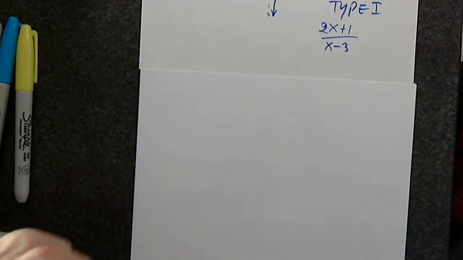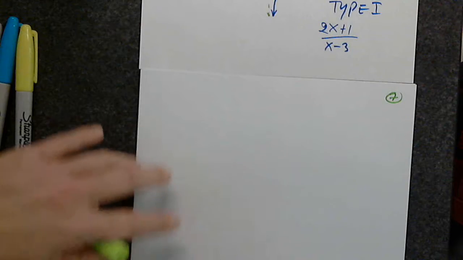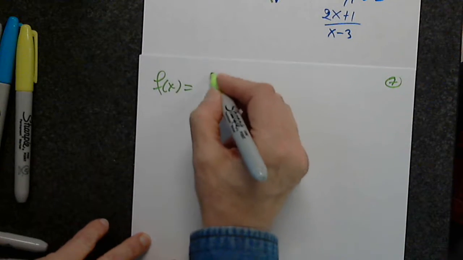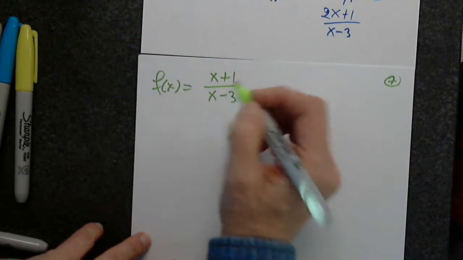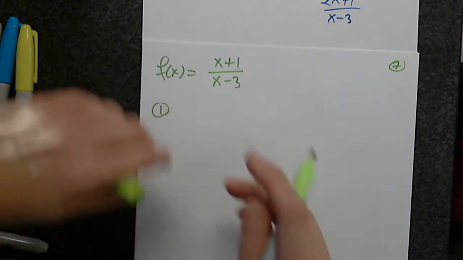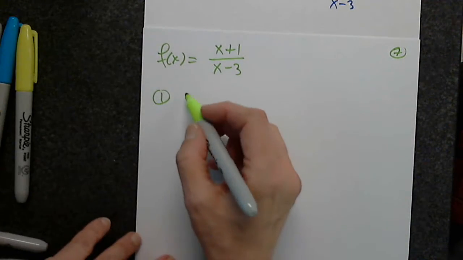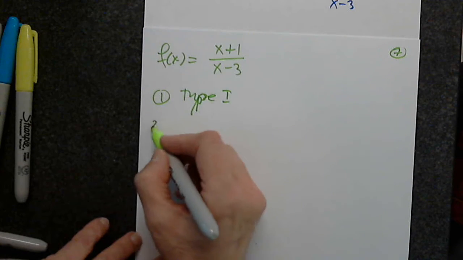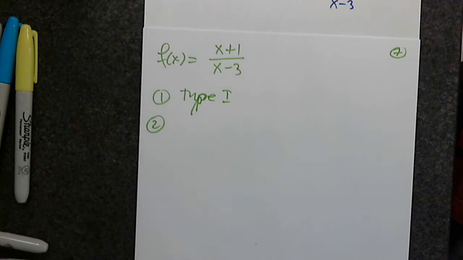We had just a little bit of understanding of what that means, but let's go back to our function. So we have f of x, which is x plus 1 over x minus 3. In number 1, we identified the fact that it was a rational function type 1. In number 2, we need to identify the domain. Without the domain, we can't proceed.